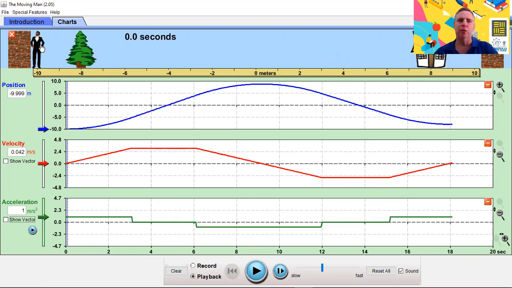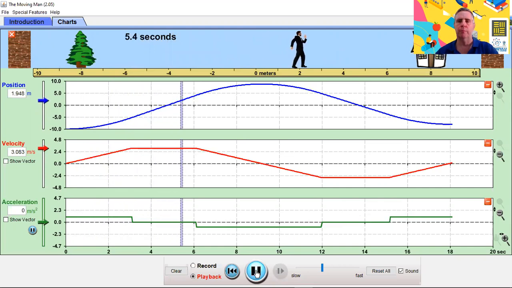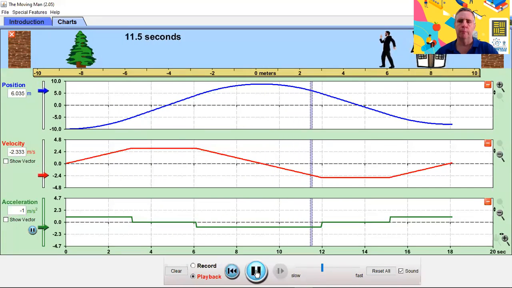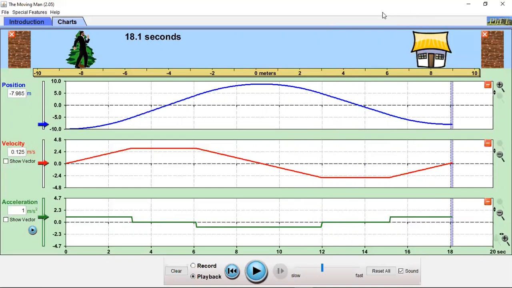And what's nice is you can watch the motion of the man at the top, like this. Perhaps I'll make my screen disappear for a moment so that it doesn't block him.